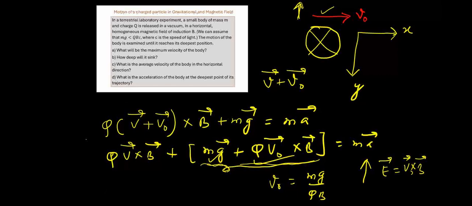And it is well known that in a homogeneous magnetic field, the trajectory of a particle with initial velocity perpendicular to the magnetic field lines is circular, and the particle moves uniformly along the circle with circular frequency omega naught equals qB by m.